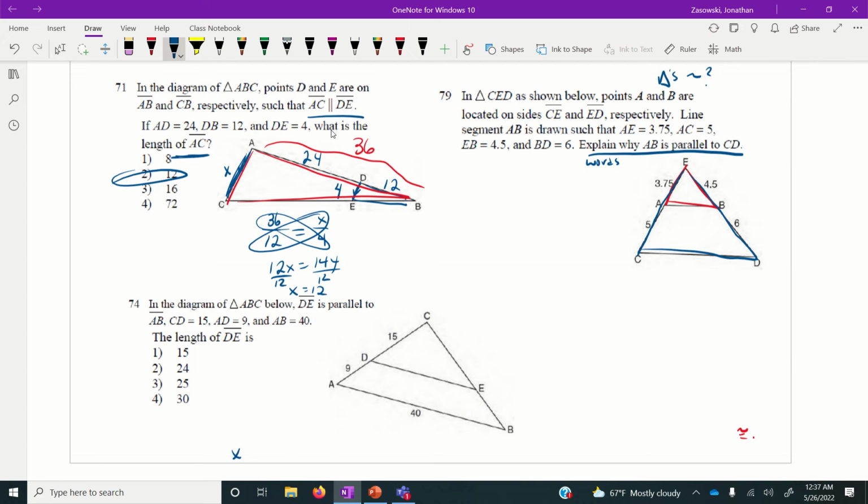Now, that means we need to use one of our formulas for similarity, one of our theorems. So either side, side, side, angle, angle, angle, or side, angle, side. Now, since we don't have all three sides, we know it's not going to be that method. And since we don't know angle measures, that one's out. So we need to check for SAS. So I have to do a proportion to do the sides.